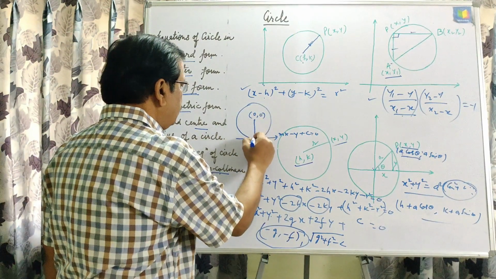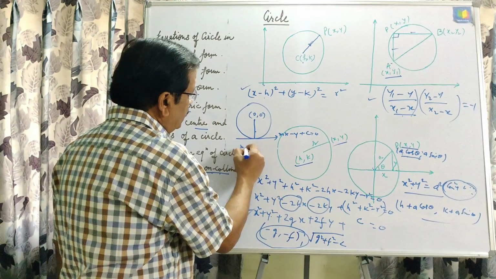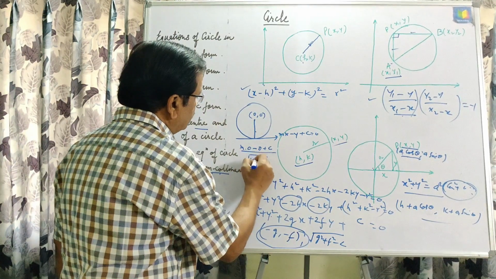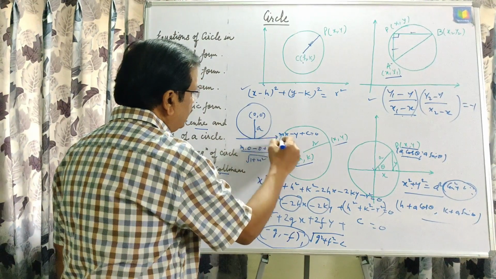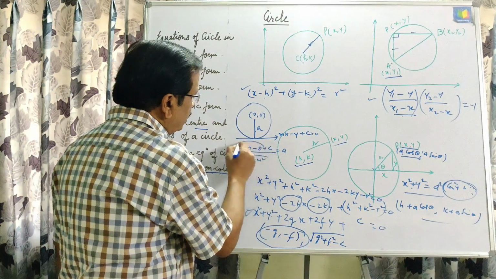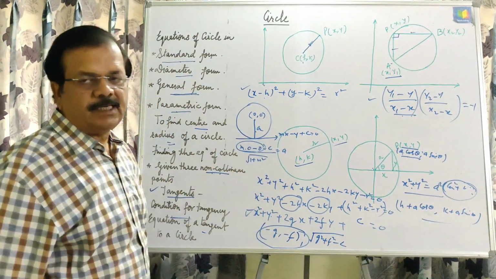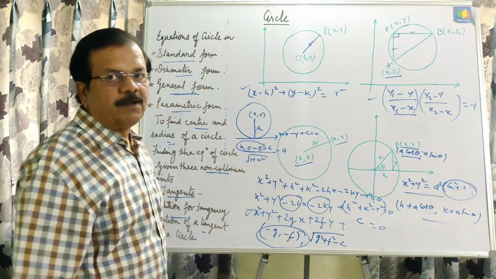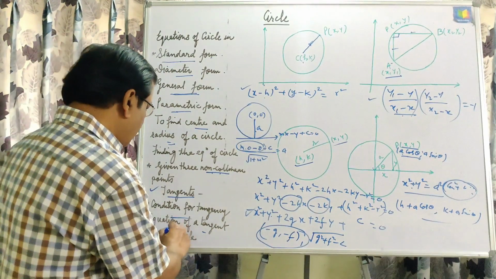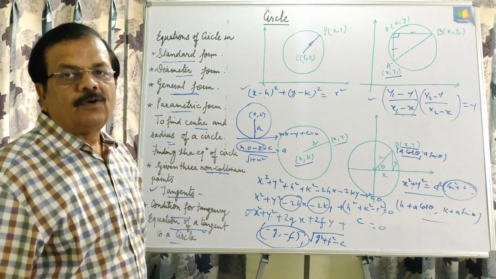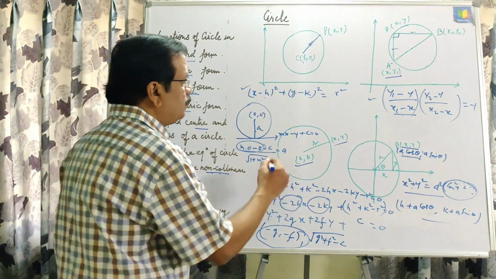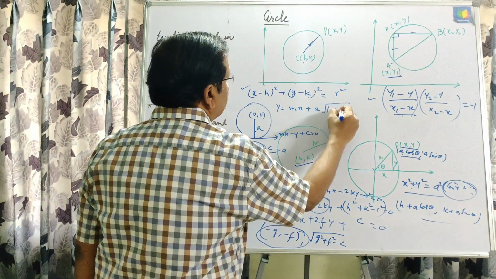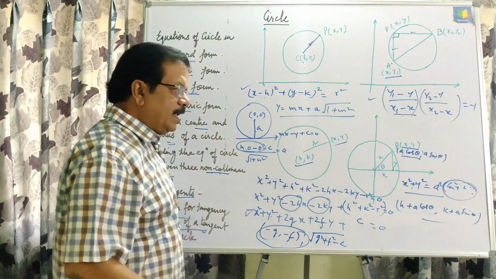Then the condition is |m·0 - 0 + c| / root(1 + m²) = radius of the circle. So the line y = mx + c will be tangent to the circle if c = a root(1 + m²), and that is why the equation of tangent to the circle whose radius is a is y = mx + a root(1 + m²).